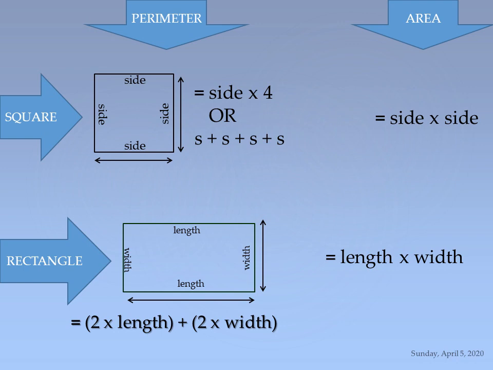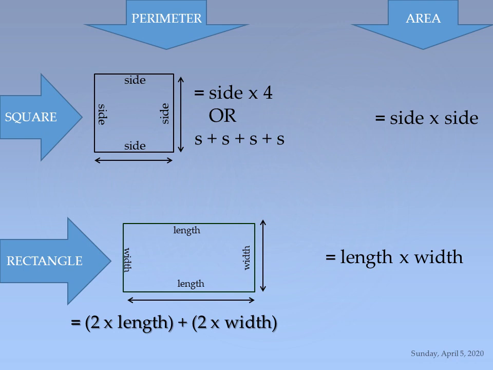Now we know that one side is 4 centimeters. So how do we find the perimeter? Since all sides are equal, to find the perimeter of a square will be that one side multiplied by 4. Okay? So that is how we find the perimeter.